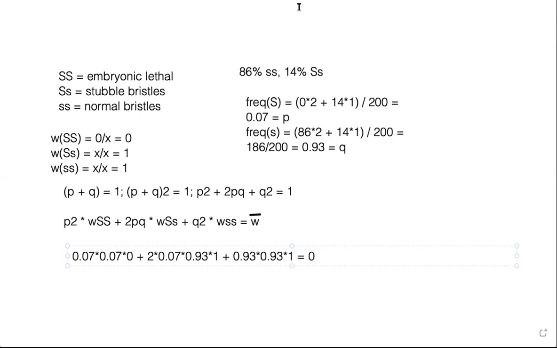The second term is 2 times 0.07 times 0.93, which is 0.13. And the third term is 0.93 times 0.93, 0.865.